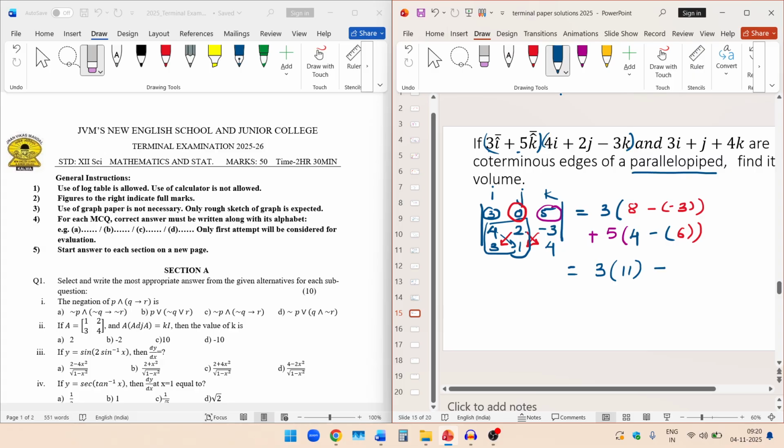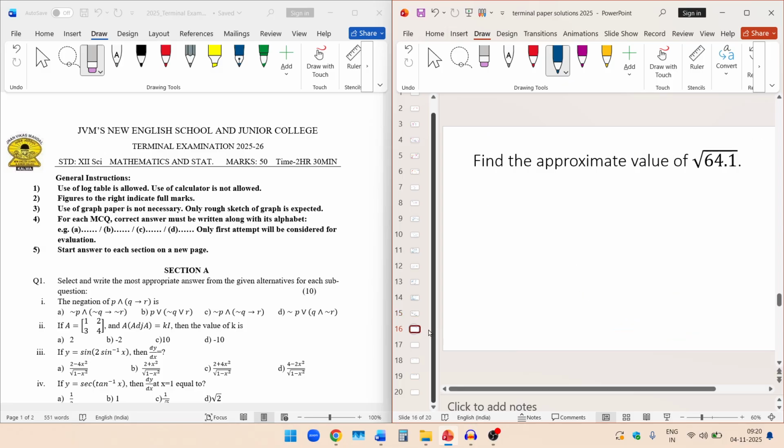Minus 2 times 5 is minus 10. So this should be 33 minus 10, which is 23 cubic units. Cubic units. This term is very important. So the answer is 23 cubic units. I don't know why, but many students have not answered this question correctly.